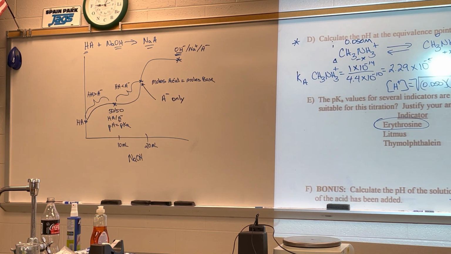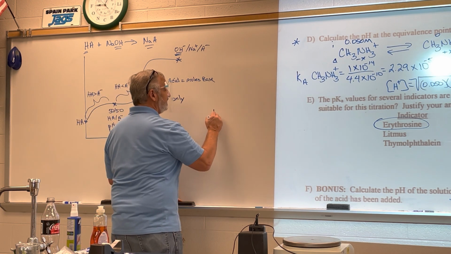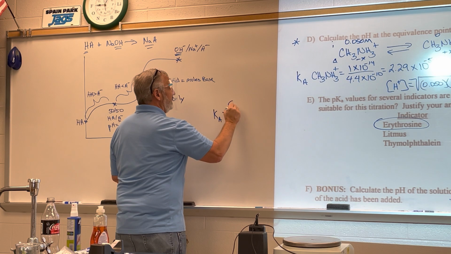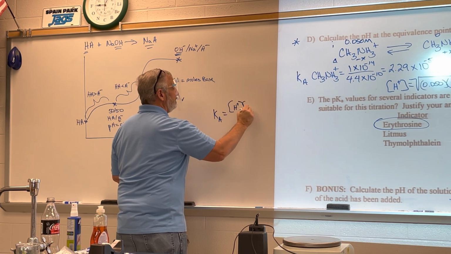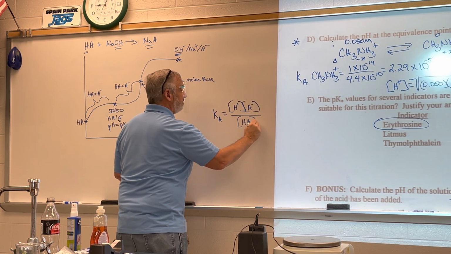This might be random, but why can we say that pH equals pKa at that point? At the half equivalence? Because Ka is equal to H plus times A minus all over HA.